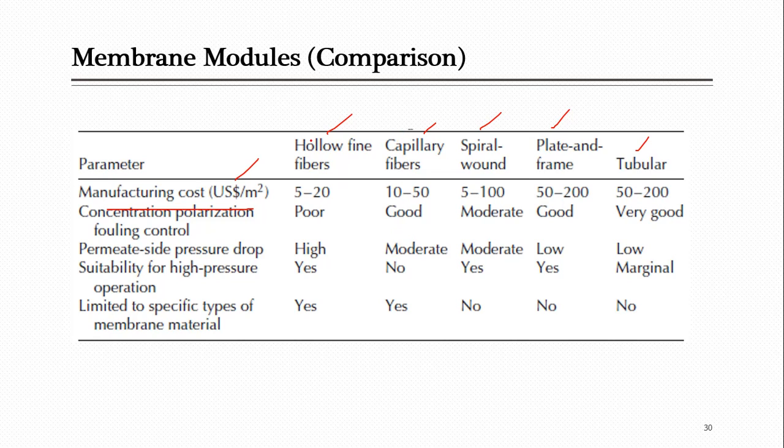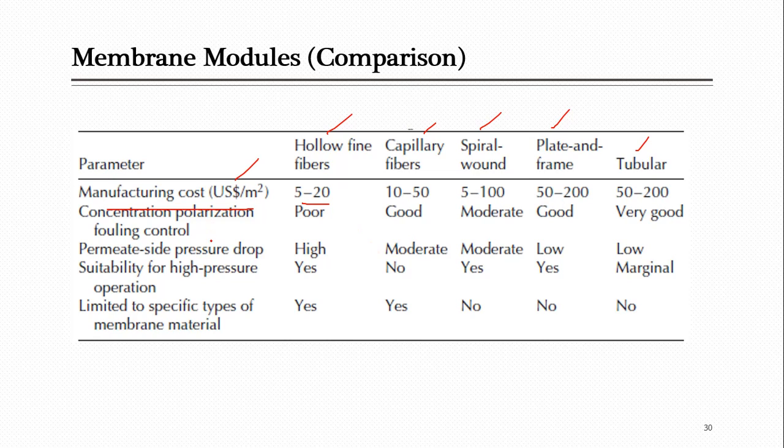Capillary fibers are somewhat similar to hollow fiber, just with a very small size. They are capillaries as compared to these tubes and fibers. But overall you can see their prices given here per meter square in US dollars. Most of the time plate and frame and tubular are the expensive ones.